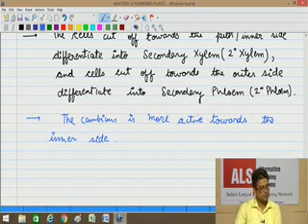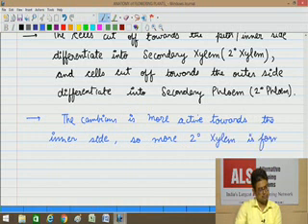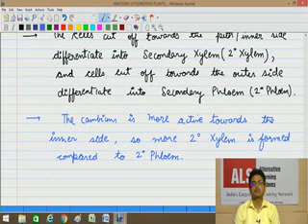So more secondary xylem is formed compared to secondary phloem.